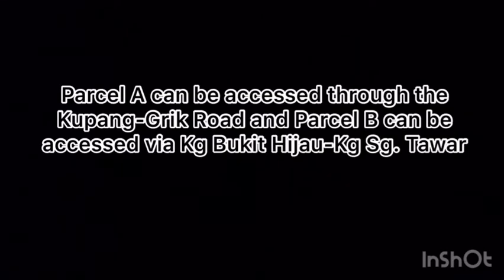Parcel A can be accessed through the Kupang and Grik Road, and Parcel B can be accessed via Kampung Bukit Hijau to Kampung Sungai Tawar, as in Tables 2.1 to 2.3. The access roads proposed are considered suitable as they do not encroach into any settlement or private land.